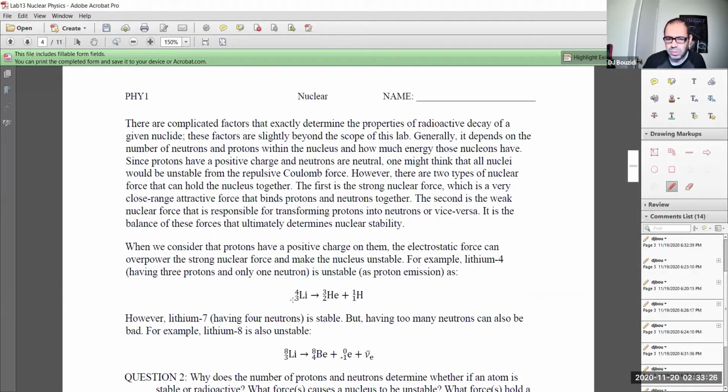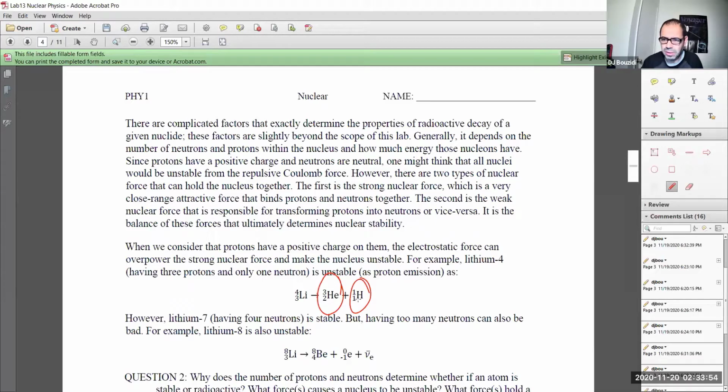In this case, lithium, which is really not stable, will give you this kind of hydrogen and helium, which is also not stable, because it has 1 neutron and 2 protons. This is very, very unstable, as a matter of fact.